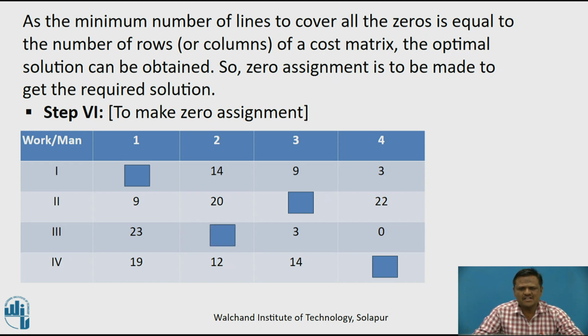The zero assignment in the third column is already done, and the zero assignment in the fourth column is also done, so still there is 1 zero remaining, so that zero is not used for assignment and will be ignored. So this is how zero assignment can be made. Now with the help of this particular assignment, we can easily obtain the optimal solution.